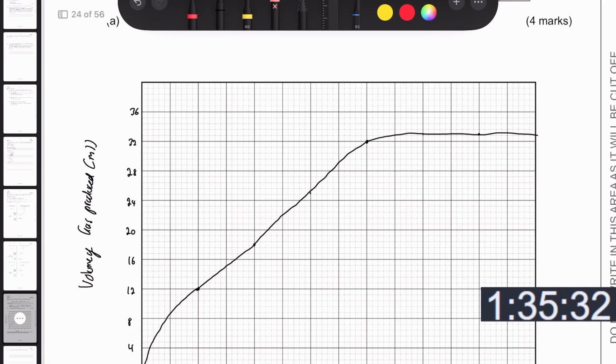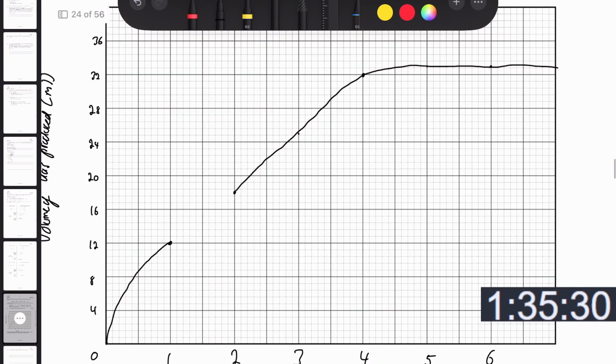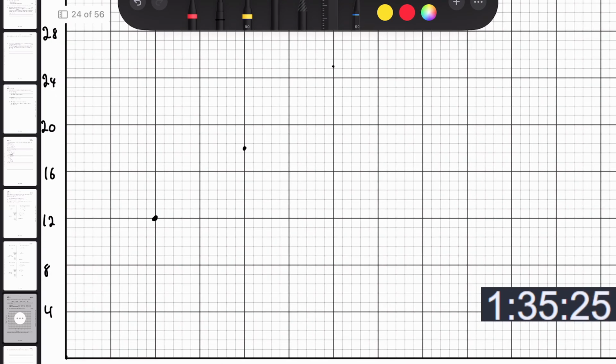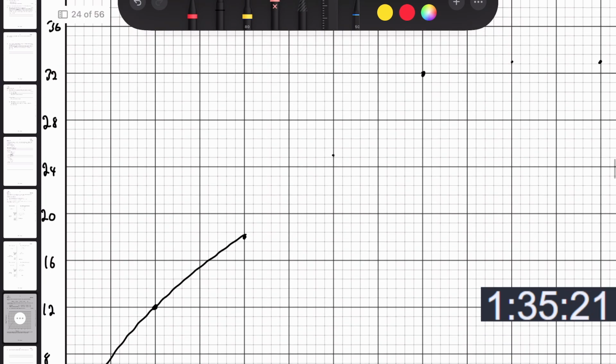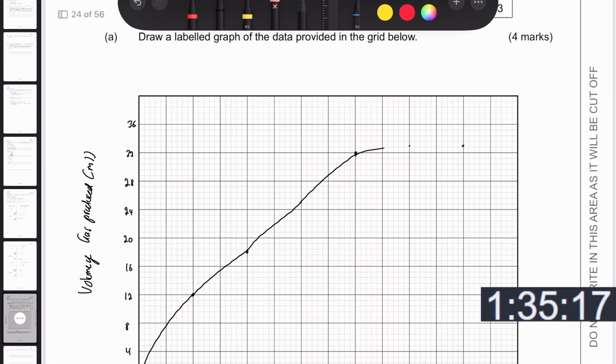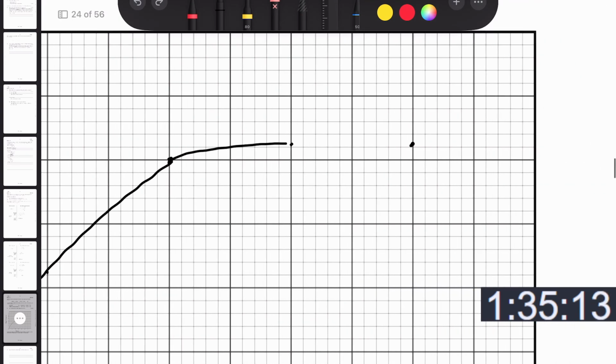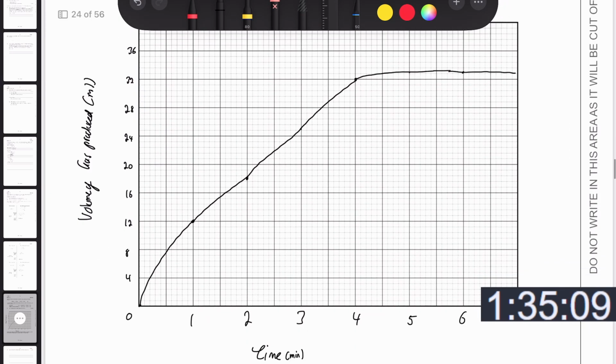Okay. Oh, that is terribly drawn. Jesus Christ. Yikes. Probably did not choose the best scale for this, but it is what it is.